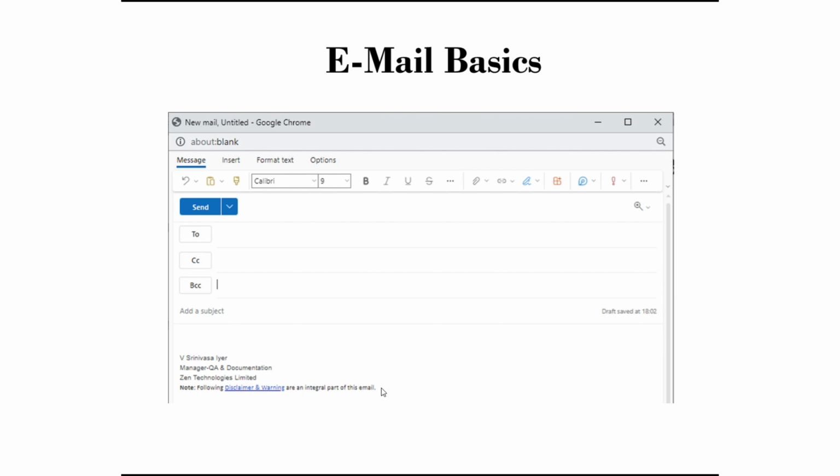Similarly, you should always have a signature column also. The signature column is important because it conveys the information about the sender of the email. It should also be very concise. Do not use colorful words. Do not use GIFs. Do not use lengthy educational qualifications.